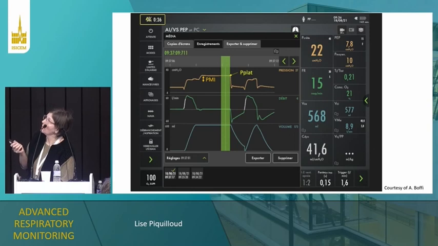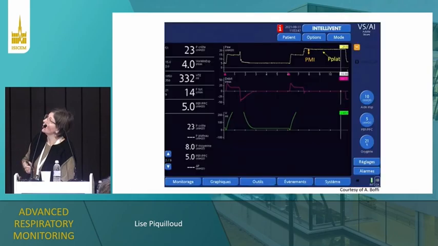Here again, you have the occlusion here, and you see that the plateau is higher than the set values, and the difference between the maximal value here and the set value is the PMI. And with another ventilator, you also see the plateau here. In all these three examples, the quality criteria are met. Then you can use the values.